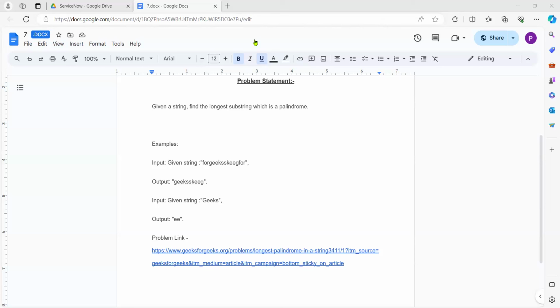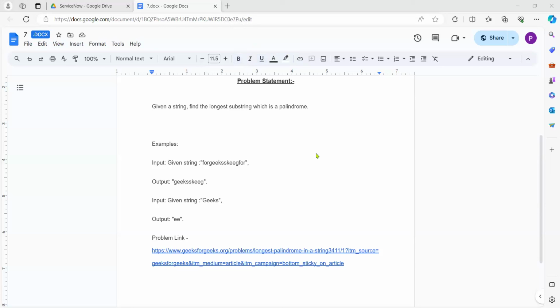So I guess it is O of n cube: n square for generating all the substrings, and then one additional n for checking if I have a substring, how to check if it is a palindrome. That will take additional n operations where n is the length of the substring. Okay, so we got one response.